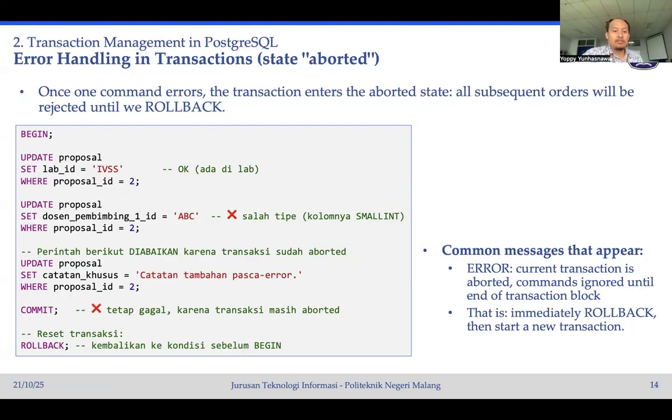So if a transaction never reaches commit or never gets rollback, what happens? The data will be locked. The table will be locked. We cannot update this data until we complete this transaction.